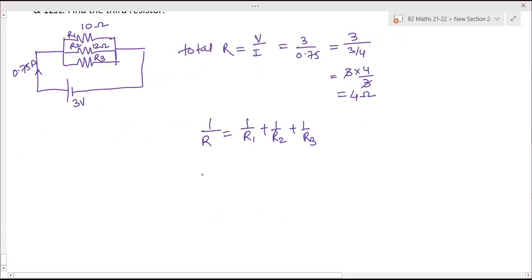Okay, ma'am, I got it. 1 by 4 is equal to 1 by 10 plus 1 by 12 plus 1 by R3. So 1 by 4 minus 1 by 10 minus 1 by 12 is equal to 1 by R3.